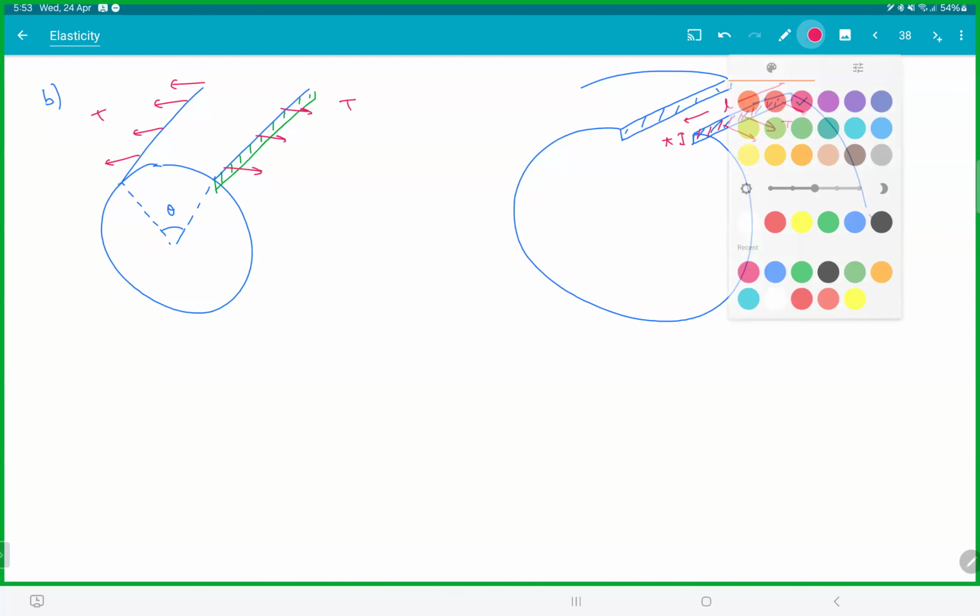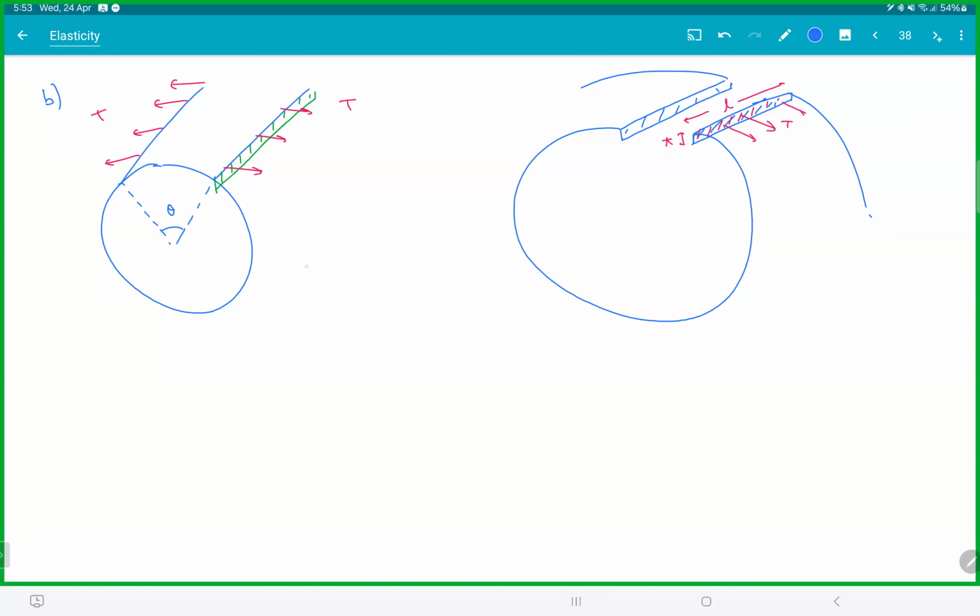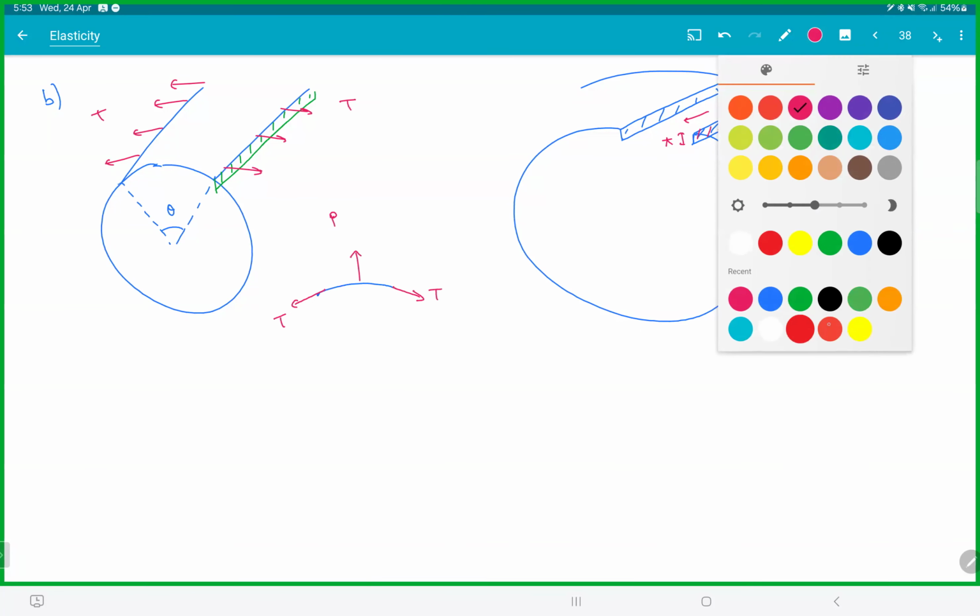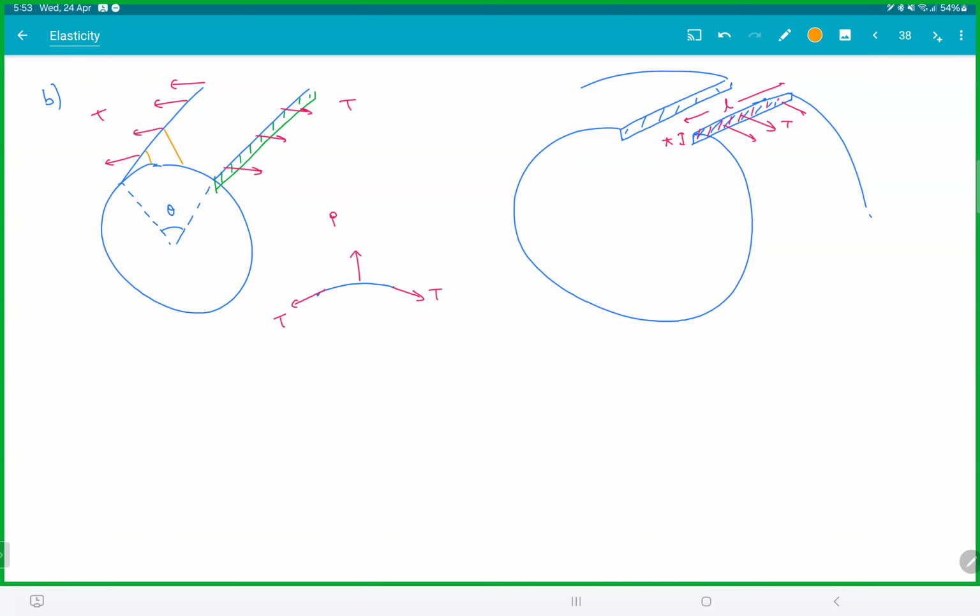If you take this cross section here for small angles, and just see the side view, you will observe there is a tension, and the force here will be pressure into this area. We're talking about this entire cross section, which is pressure into that entire length, L, into R d theta, or R theta.